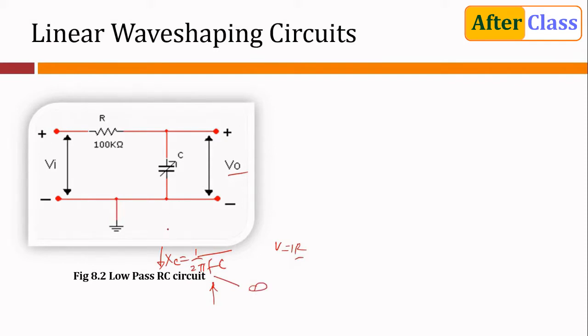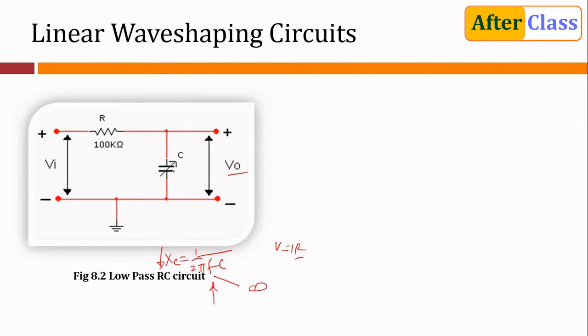So this becomes a short circuit and the output voltage across the short is always 0. Fine. So the output voltage when F equals infinity will be 0. Since it passes the low frequency signals and blocks the high frequency signals, it is referred to as a low pass circuit. I hope this is clear to everyone.